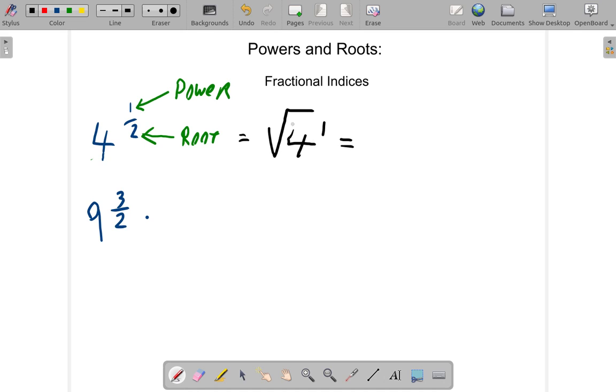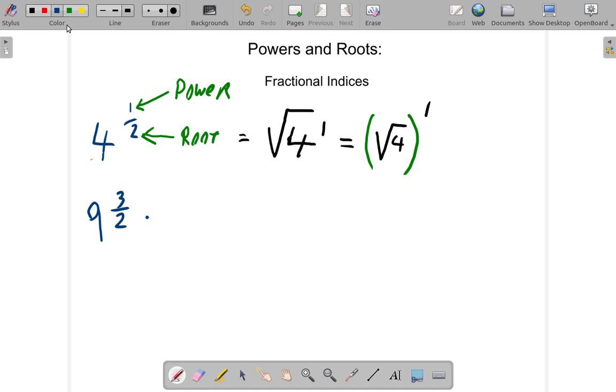In this case, I could do this. I could raise 4 to the 1 and then find the square root of 4. Or I could find the square root of 4 and raise it to the power of 1. In fact, let's put these in brackets. The square root of 4 to the power of 1.